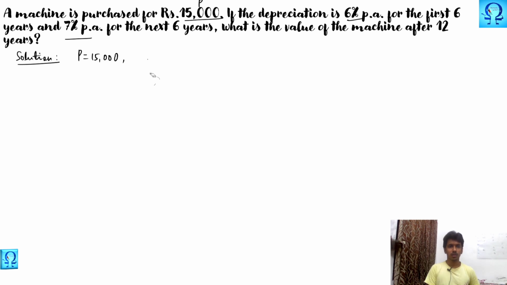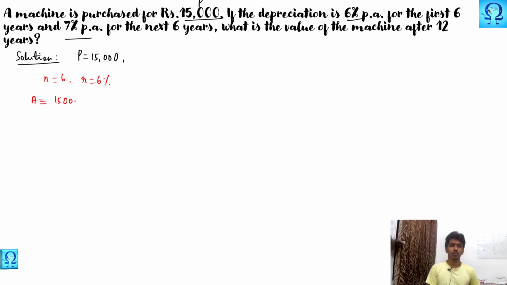Let me write the first way in red color. Okay. N is 6 years. For the first 6 years I am doing, and R is 6 percent. So the amount after 6 years, what is it going to be?